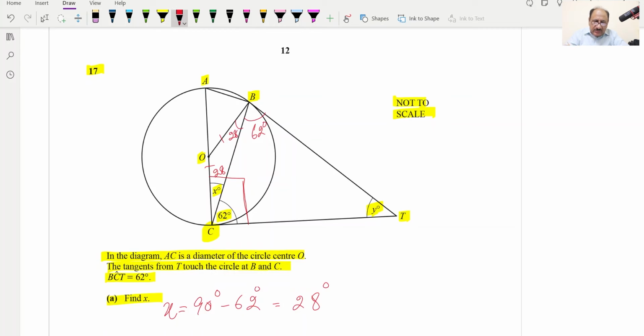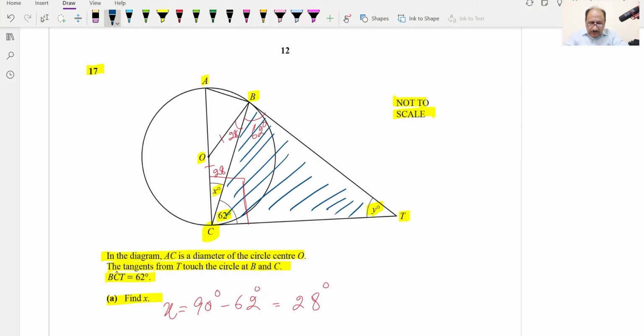Now in this triangle, two angles are provided, so we can find y.